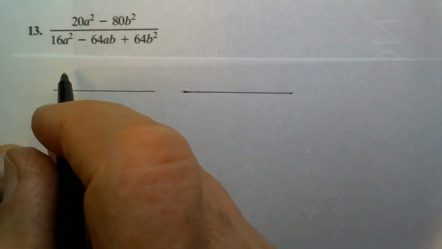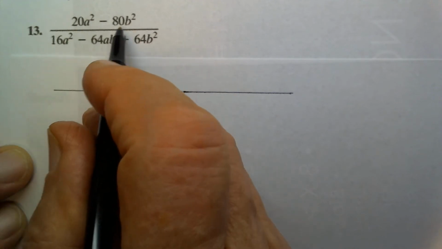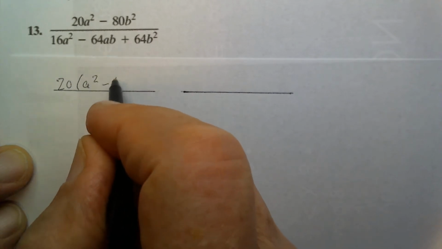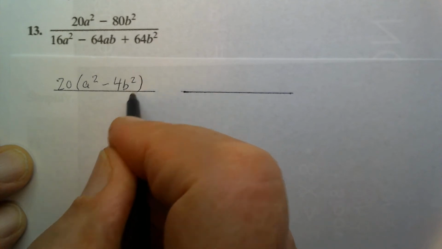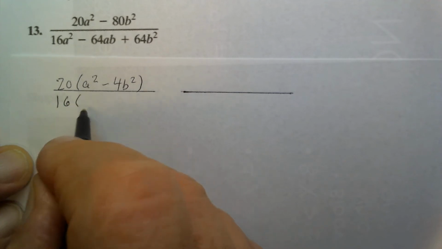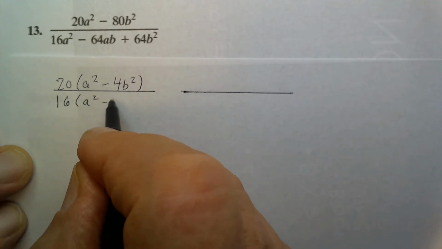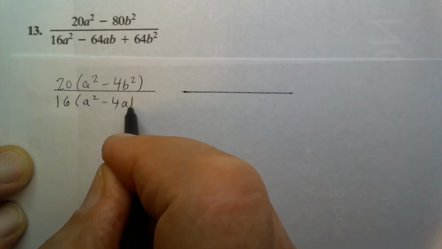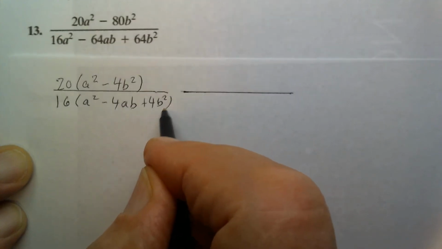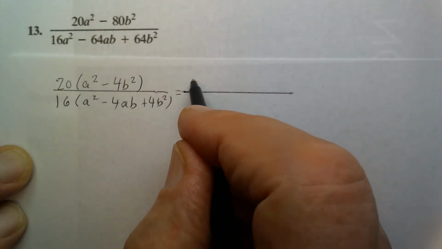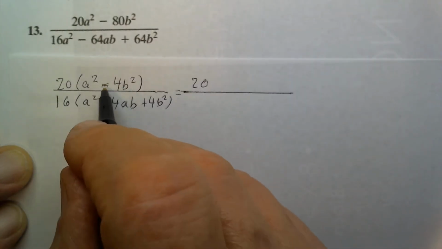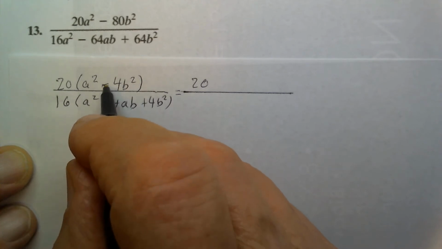For number 13, we see that we can factor out 20. So 20 times a squared minus 4b squared. And in the denominator, we can factor out a 16. So 16 times a squared minus 4ab plus 4b squared. And we realize that the numerator is the difference of two squares, a squared minus 2b parentheses squared.